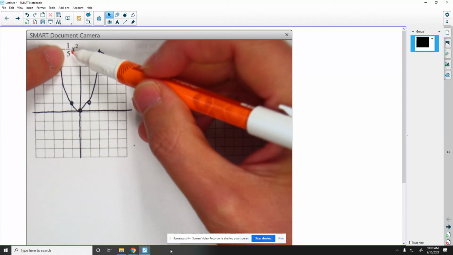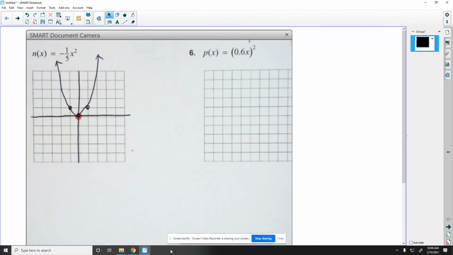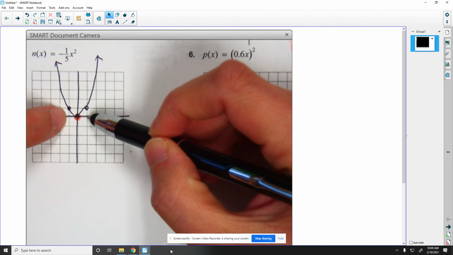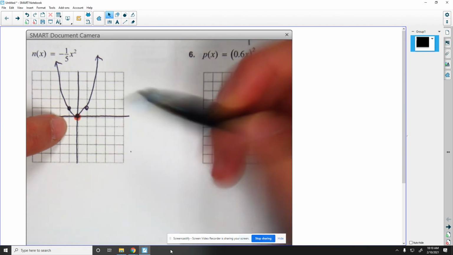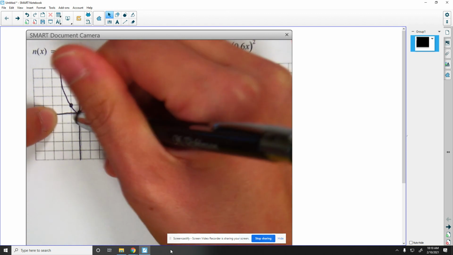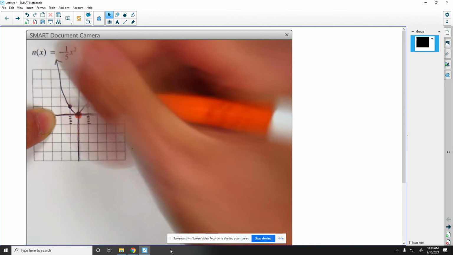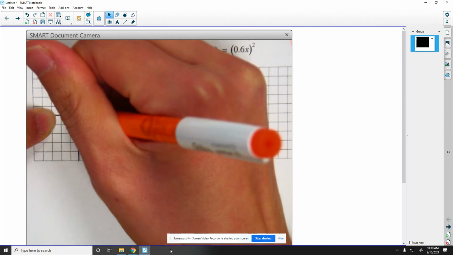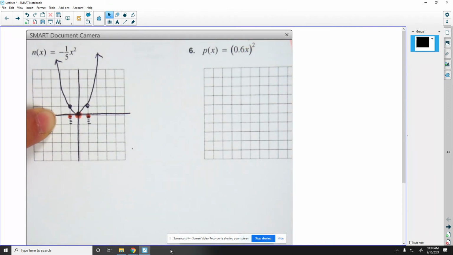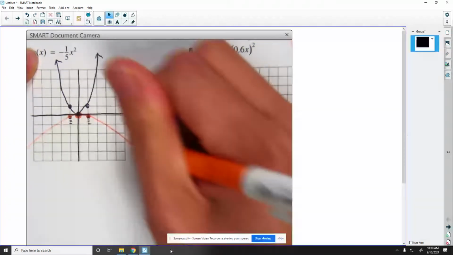This one goes down 1/5 of a square. So this is what you kind of have to think to yourself: you're going over 1, but you're going down 1/5 of a square. Imagine taking this square and breaking it into 5 parts, like a fraction, 1/5. So you're only going down 1/5 of a square, which is hardly anything at all. And then this is your picture.